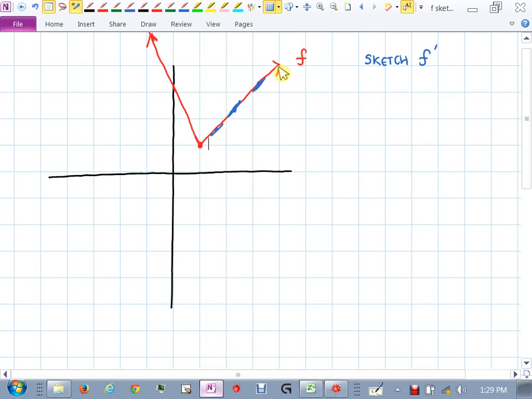So the slope of the tangent line anywhere to the right of 1 is 1. So my derivative needs to stay as a constant 1 value out the right side like this.